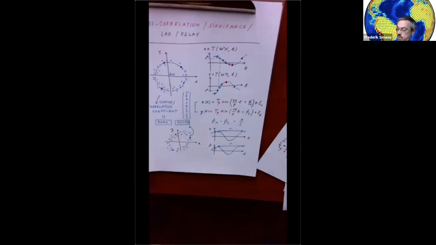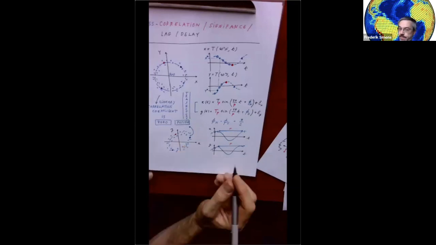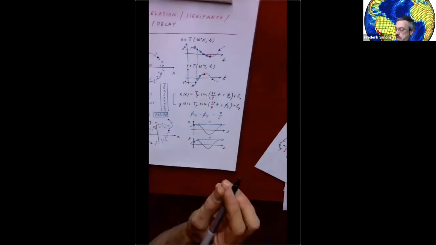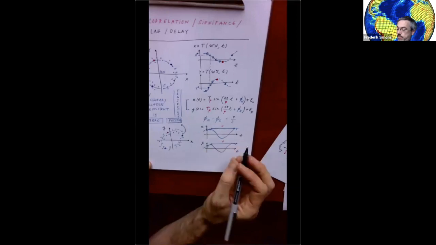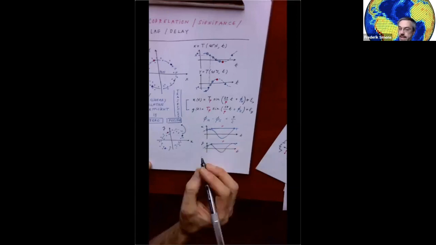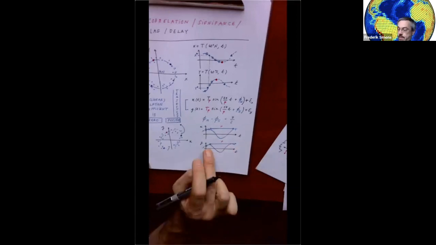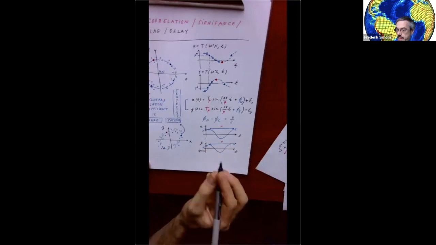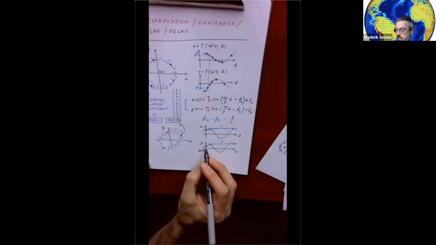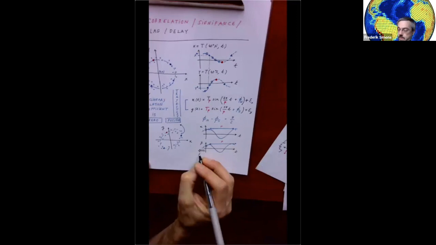So if you played the mental game where you pulled one of the data series backwards on the time axis, let me literally pull this y-axis back by some value t, tau rather.